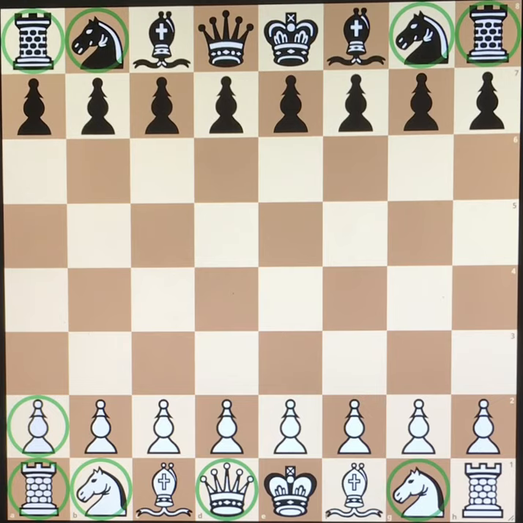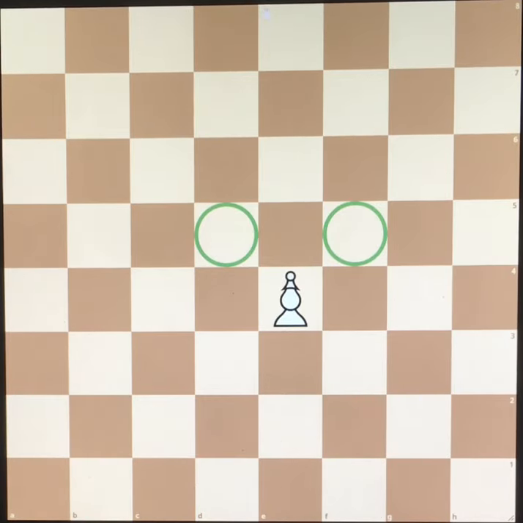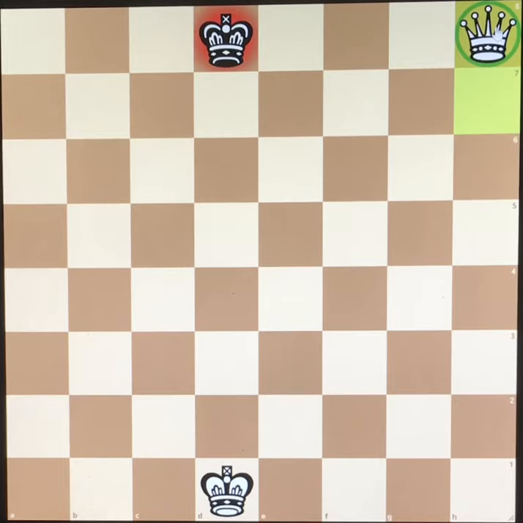Each piece also has a value, regarding points. For example, the pawn is worth 1 point because of its limited capability, but once it promotes into another piece, then it'll automatically be worth more.